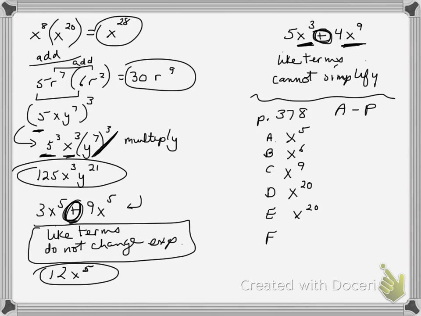F, I'm going to distribute over each variable, x cubed, y cubed. G, I'm going to distribute over each variable, a to the 7th, b to the 7th. H, I'm going to distribute, that's a good way to look at it, over the constant and the variable.